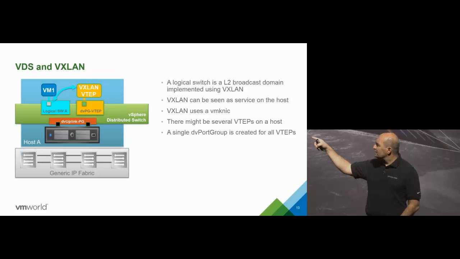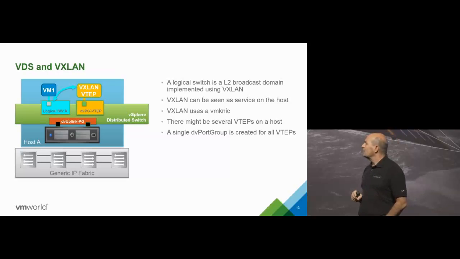And we see that this VXLAN VTEP is connected to its own DV port group that I've represented in orange on this slide. There can be several VTEPs, but they will share the same DV port group. And this is important. We'll see a little bit later why.